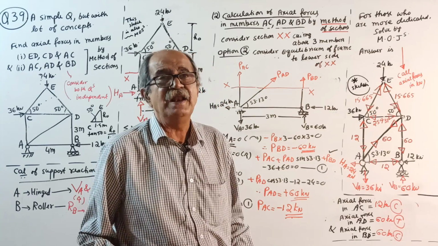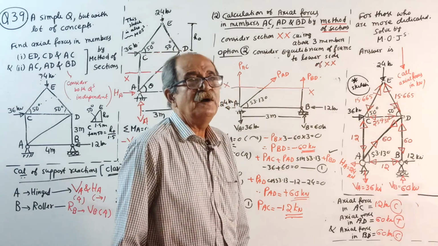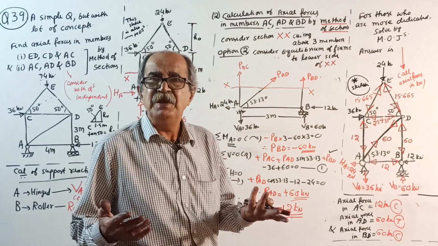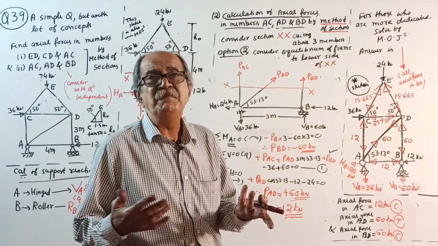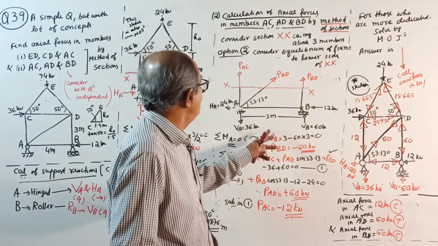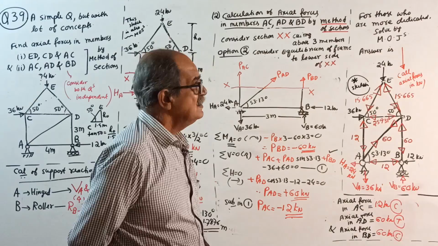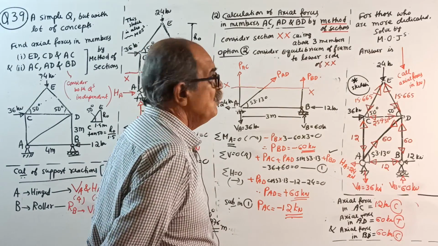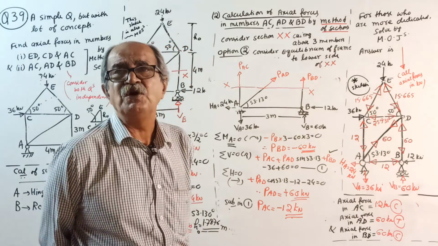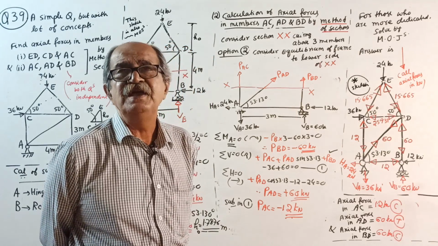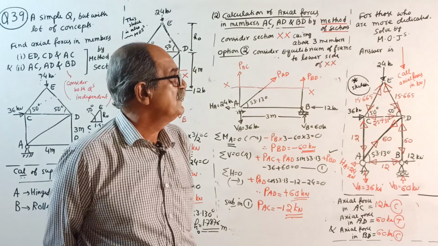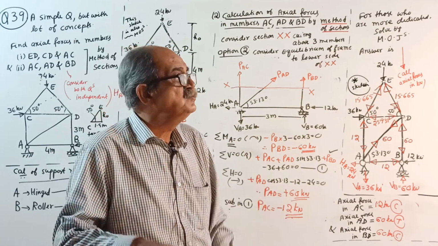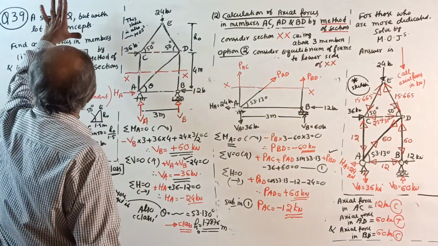In spite of my telling all these things, I know what the result is. Maybe there are people who are interested. For them I am taking class. Now method of sections, further I may take another 5 or 6 classes still, because a lot of questions are there. Once I take another 5 or 6 classes for method of sections, then I will continue exercise questions.